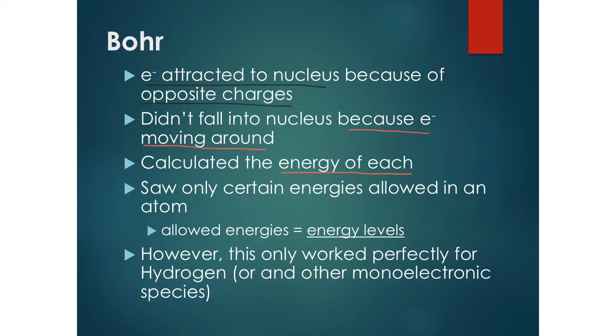Bohr did this with the hydrogen atom, and this worked perfectly for hydrogen and anything else with one electron. However, it started to fall apart and the energies did not work the way they should if there was more than one electron. So the Bohr model works for a lot of generalizations, but it does not work perfectly when you have more than one electron.